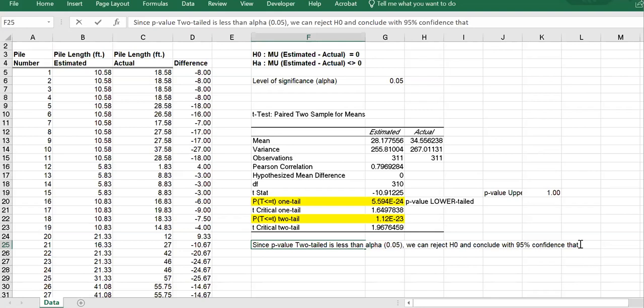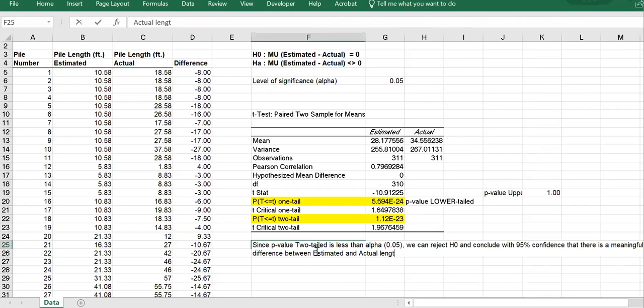I conclude with 95% confidence that there is a meaningful difference between estimated and actual values, actual lengths files.